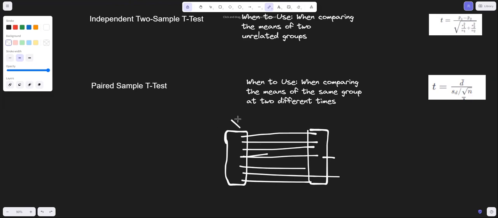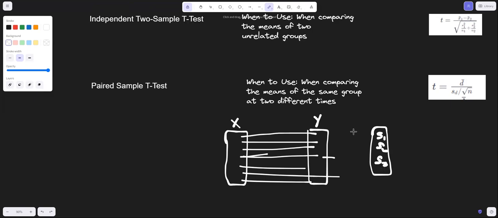Let's say this is x and this is y. I'll subtract x1 minus y1, x2 minus y2, x3 minus y3, and so on, and I'll get a new array having subtraction 1, subtraction 2, subtraction 3, and so on.